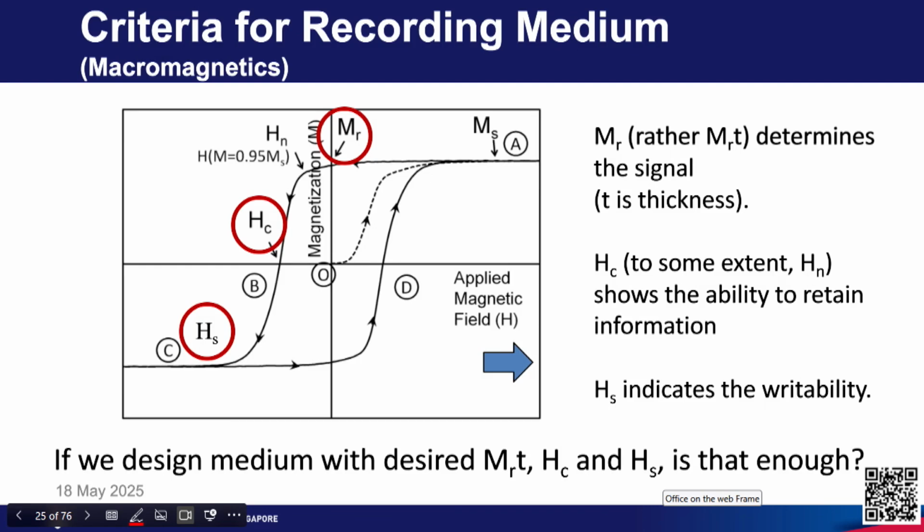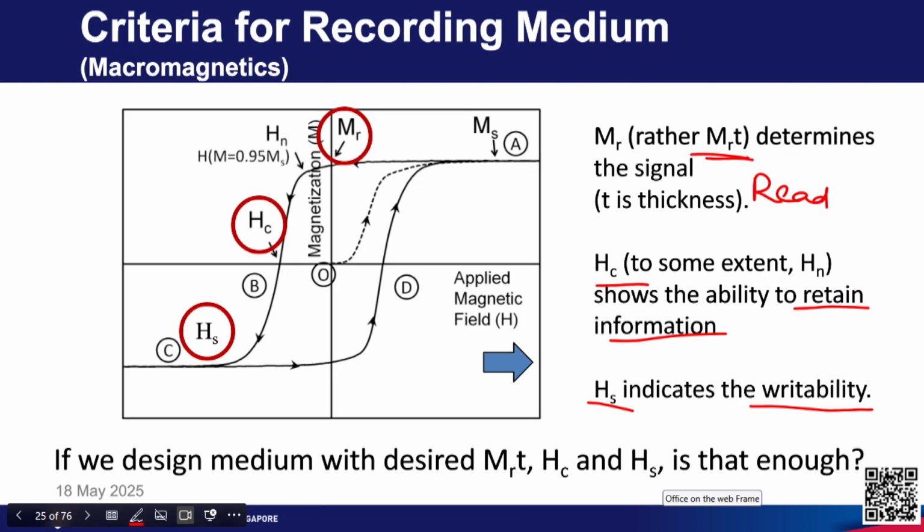So far I was giving you a very simple picture that MR multiplied by thickness is related to reading, coercivity is related to storage, and saturating field is related to writability.